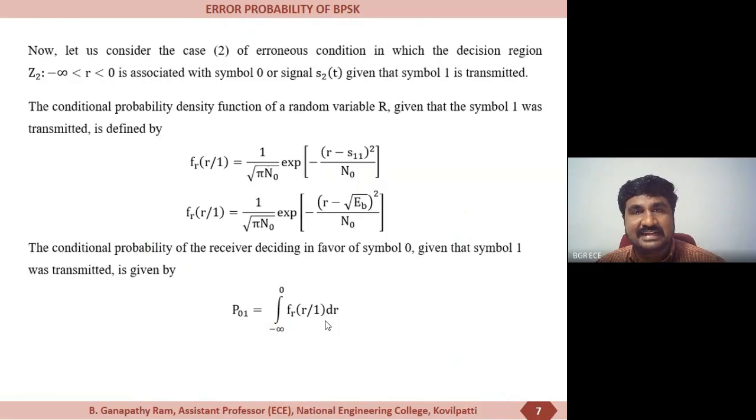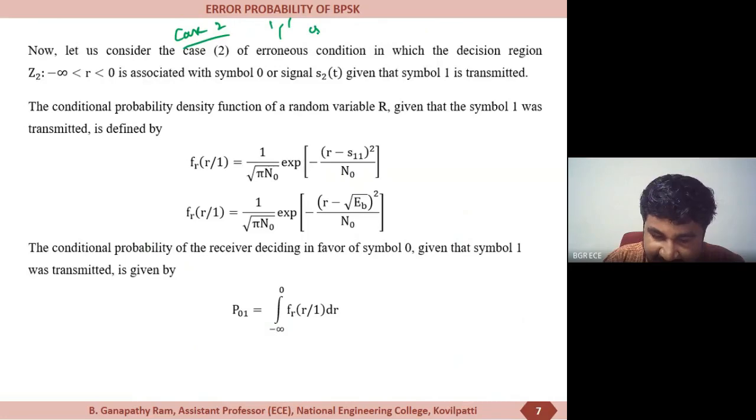Similarly, let us consider the next case, when the symbol 1 is transmitted, but the received signal point is lying in region Z2, that is from minus infinity to 0. Hence, the receiver can decide wrongly in favor of the binary symbol 1. That is case 2.